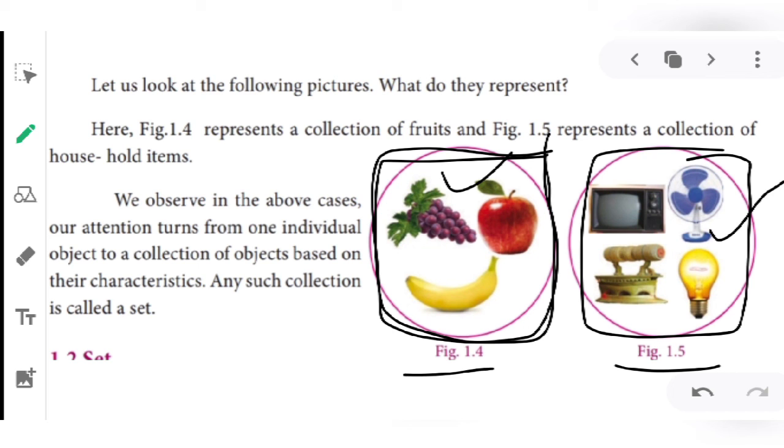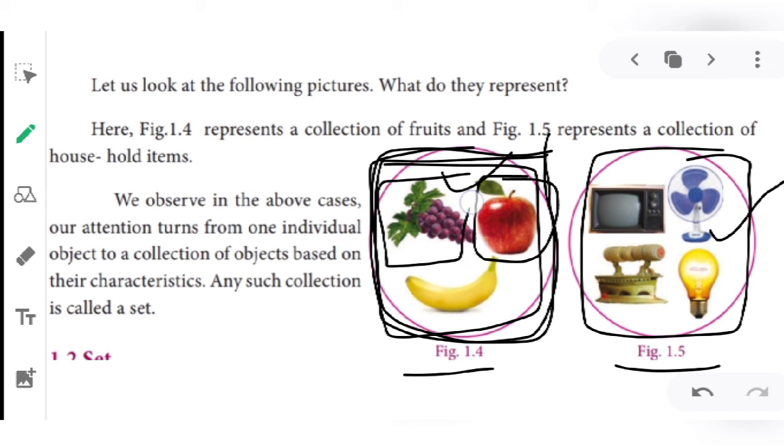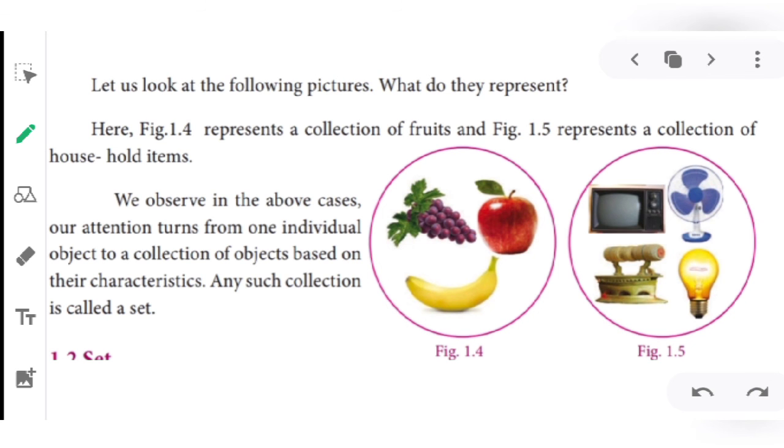When we take the fruit sets, we can note several collections and several sets, because you may note it as the collection of apples in a fruit basket, or the collection of grapes in a fruit basket. But in general, we make a collection by its characteristics. This is the concept in these two figures. Okay, this can also be made as a set.